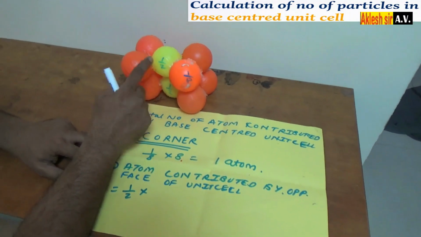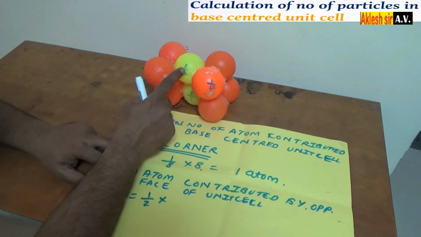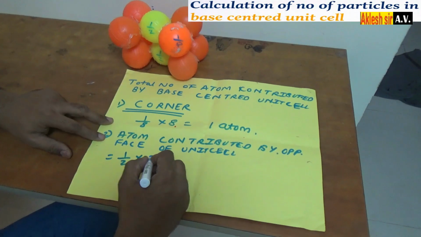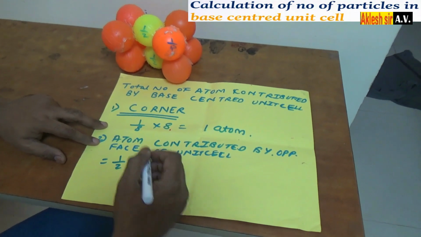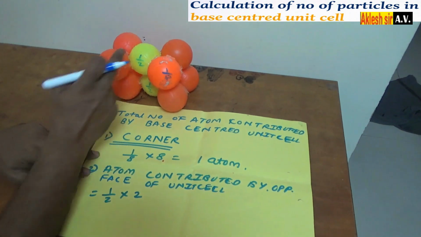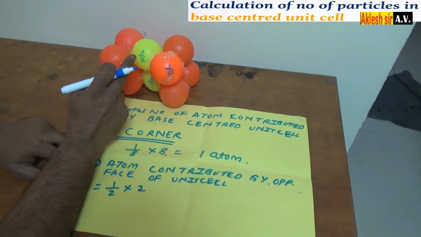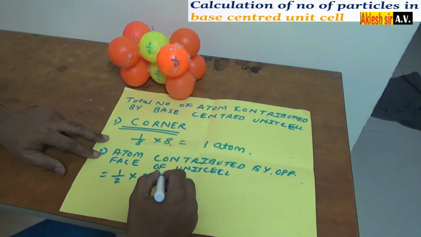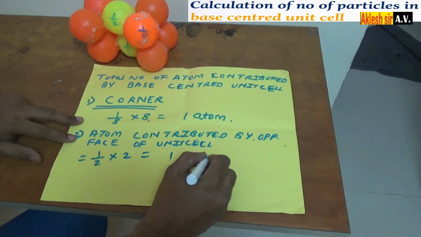Like this opposite face, 2 atoms are there, here one half, here one half, so there are 2 positions, so half into 2 positions. Okay, just like here we have written 1 by 8 and 8 corners. Here also each is contributing half, like that there are 2 atoms. So half into 2 equal to 1 atom.